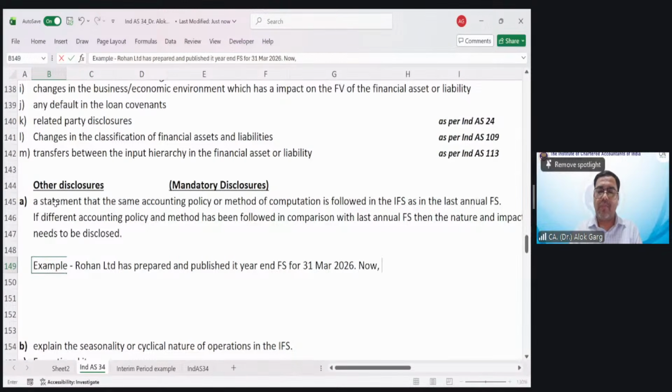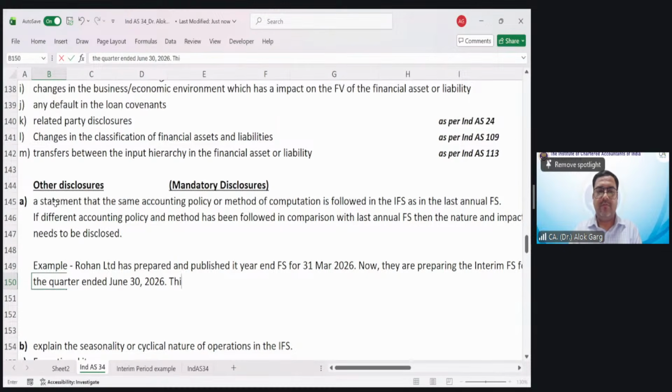Now they are preparing the interim FS for the quarter ended June 30, 2026.